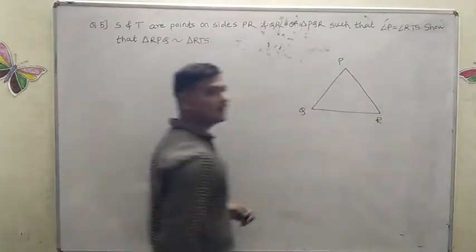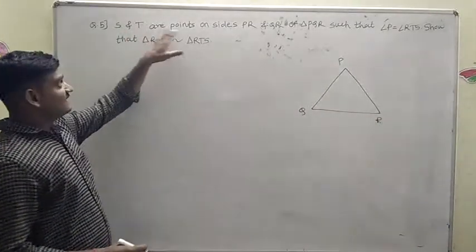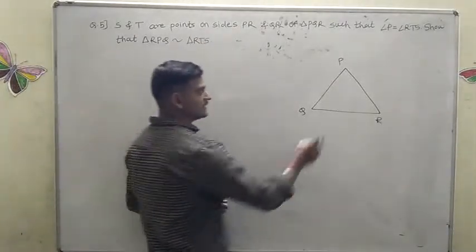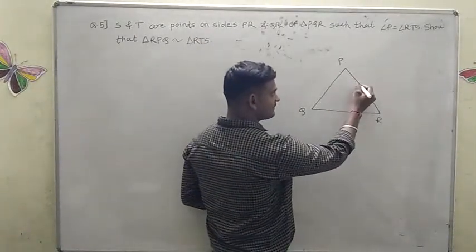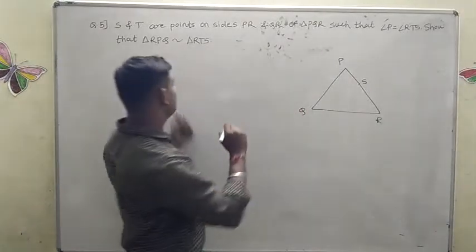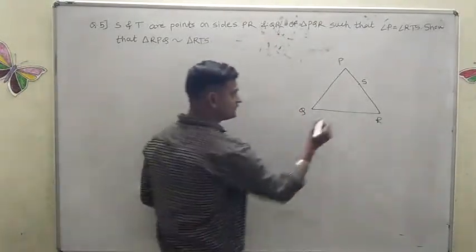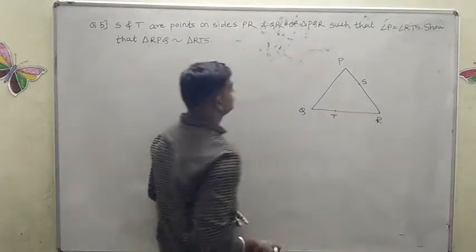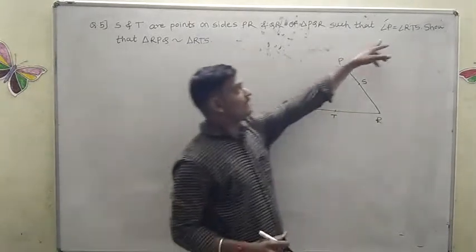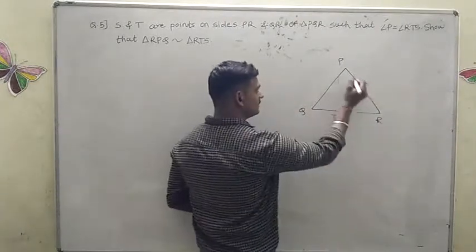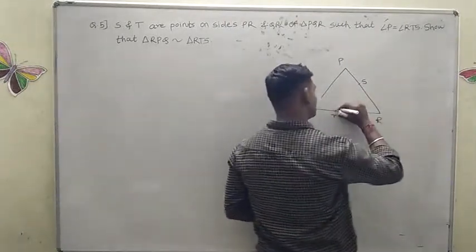In this triangle PQR, S and T are the points on sides PR and QR. On this side PR, there is a point S, and on side QR there is a point T. And what is given? Angle P is equal to angle RTS. First I will join these points S and T.